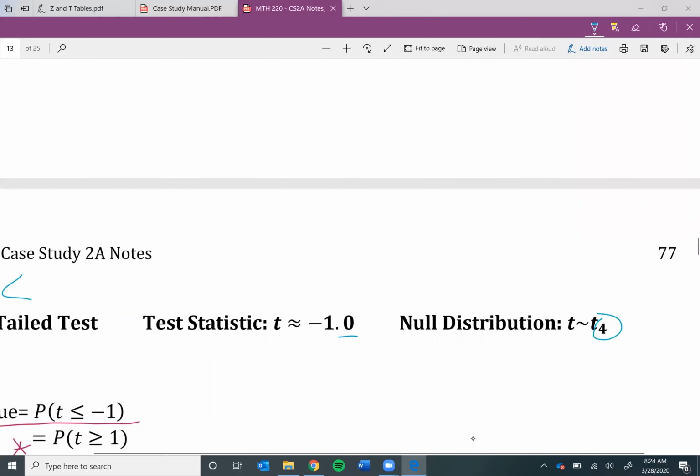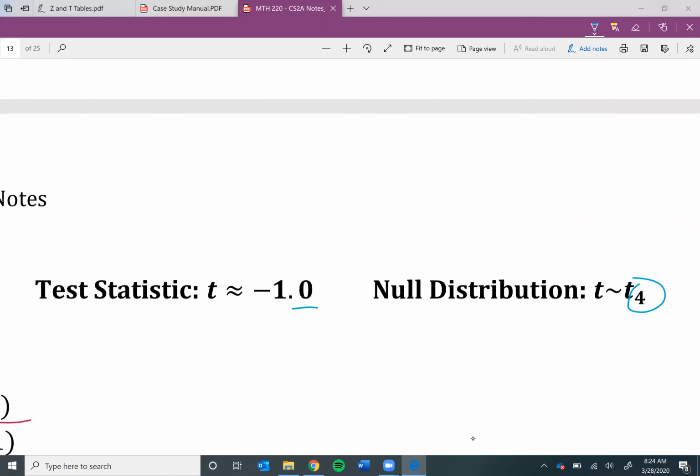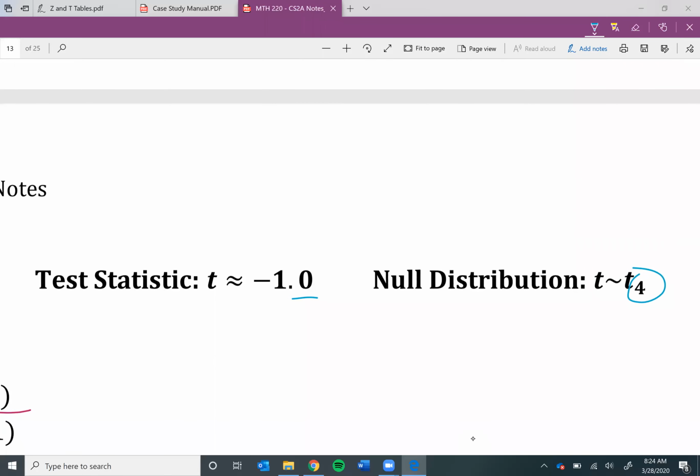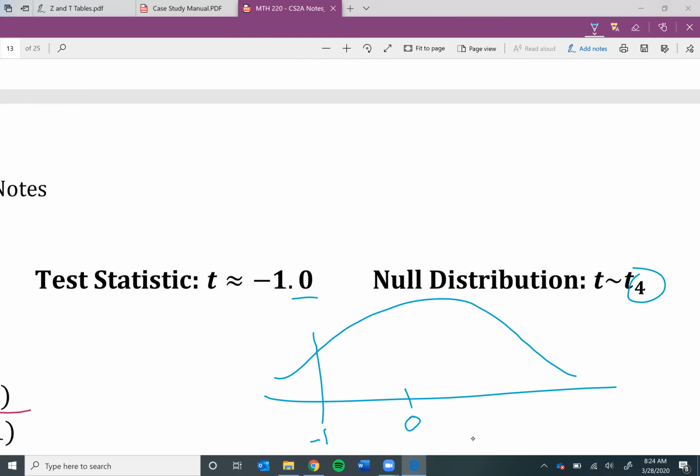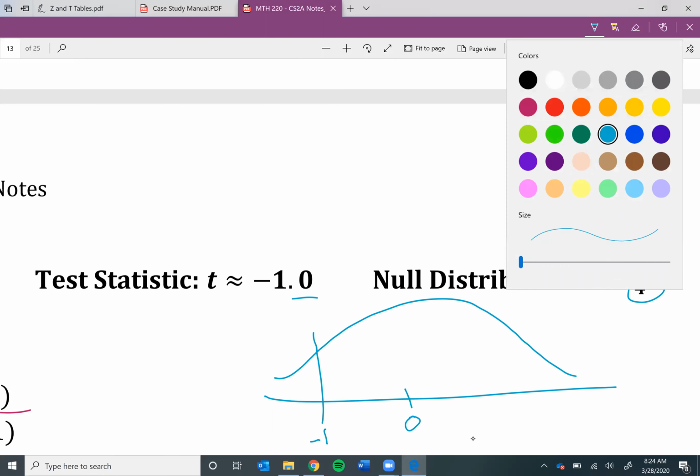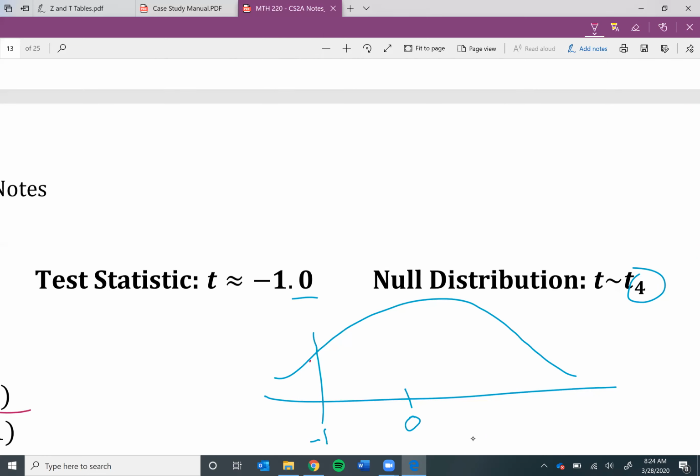So I want to zoom in a little bit and draw my picture of what's going on here. We're down here at -1, and I want everything that's less than -1. I'm actually going to go ahead and shade this in with the pink because that's what our p-value is.